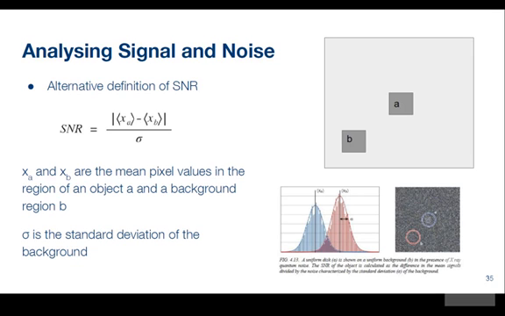That's another way of measuring the signal-to-noise ratio. And we can visualize this. These are our two signals, and they're Gaussian, remember? So we've got a Gaussian distribution, and the contrast in the image is going to depend on the separation of them and the width of the distribution of the pixel intensities in those regions.